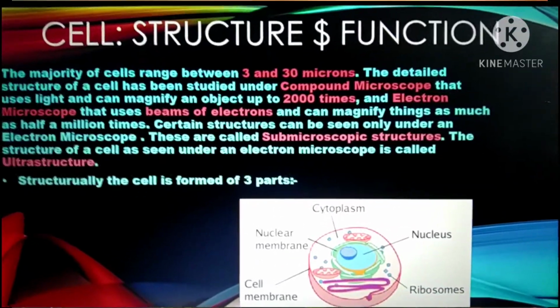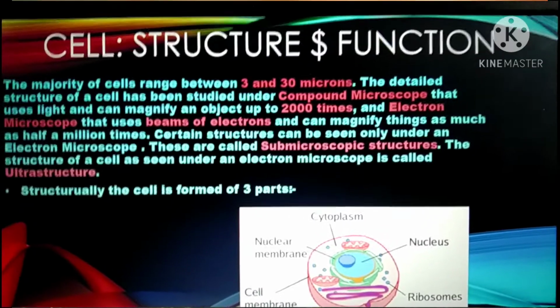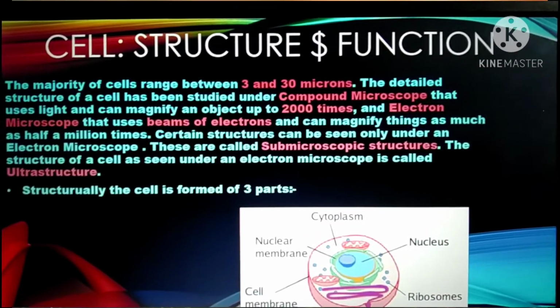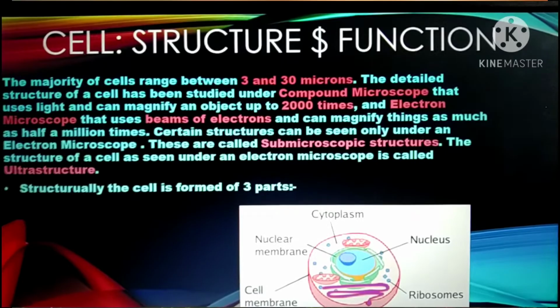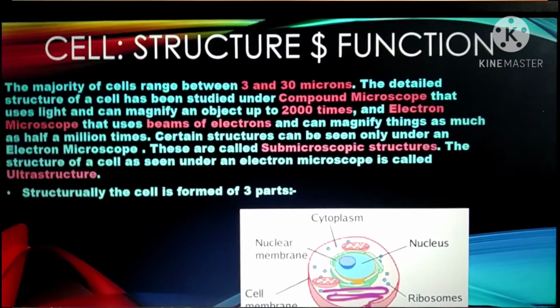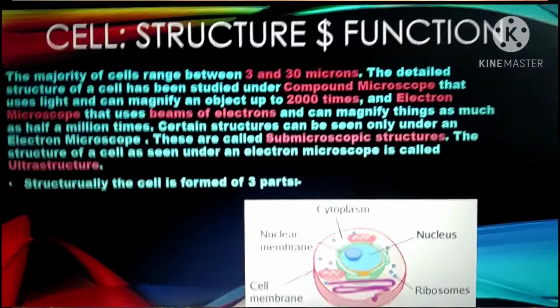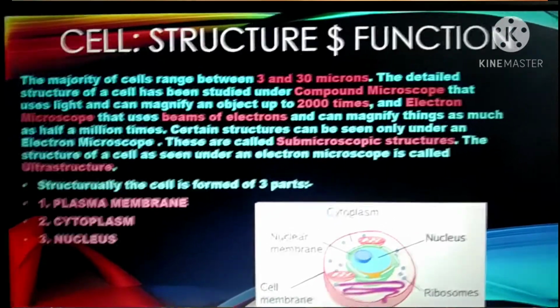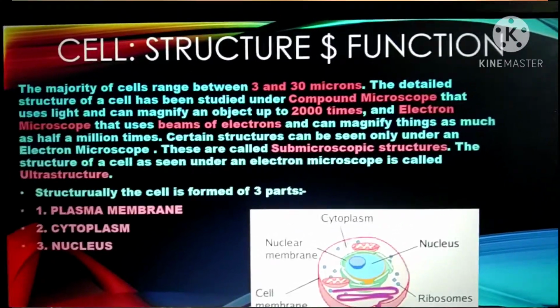Structurally, the cell is formed of three parts. There are three basic structures of the cell: the plasma membrane, the cytoplasm, and the nucleus.